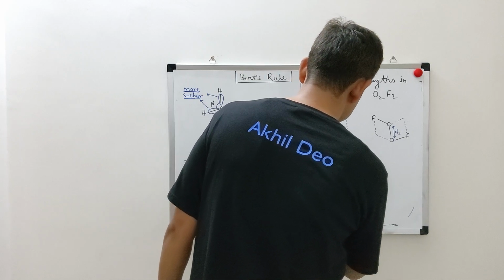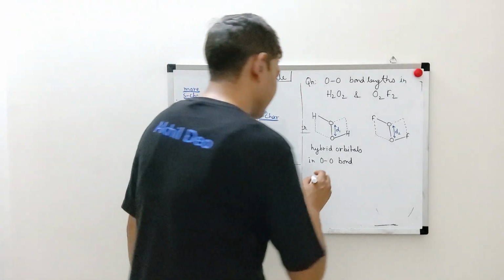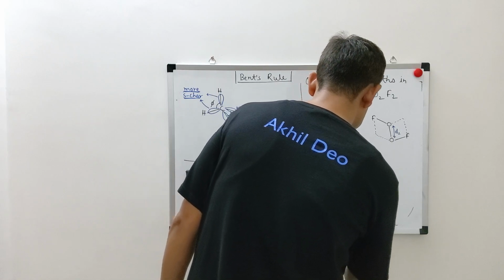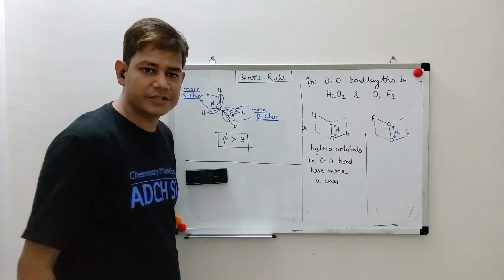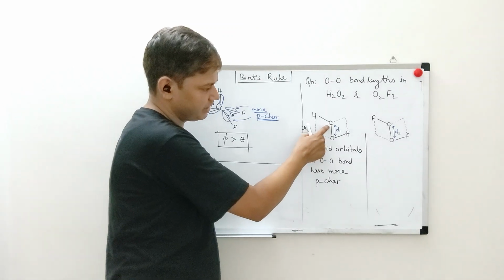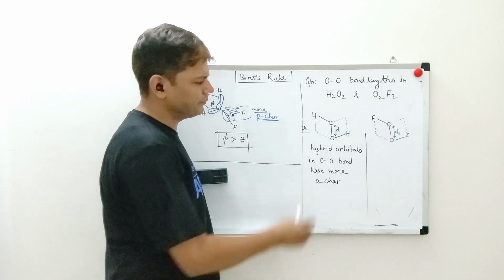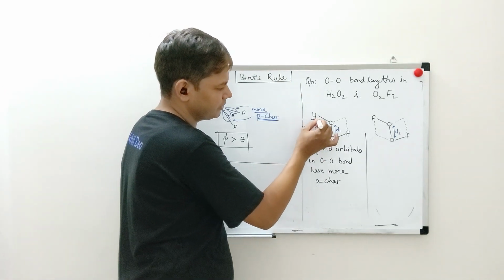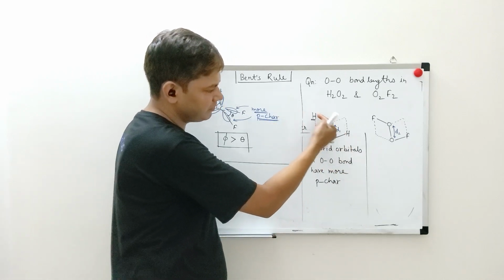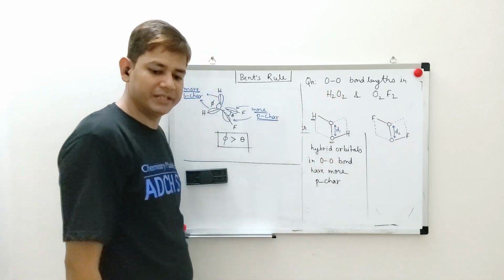The hybrid orbitals in the oxygen-oxygen bond have more P character. Why? On this oxygen atom, between hydrogen and oxygen, oxygen is the more electronegative atom. So towards the hydrogen atom, the hybrid orbital will have more S character, and towards the oxygen atom, hybrid orbital will have more P character.